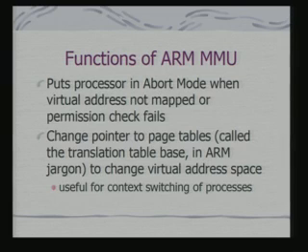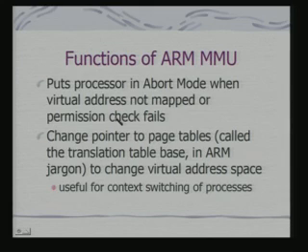Apart from that, the other tasks done through the MMU are when a virtual address involves virtual memory and swapping between a secondary storage and the primary storage like RAM. So, a processor is put in abort mode when a virtual address is not mapped to permission check fields. That is the abort mode of ARM.